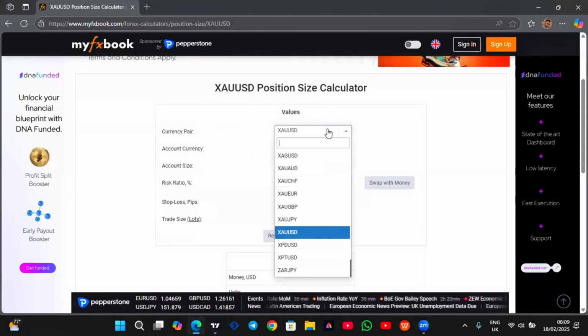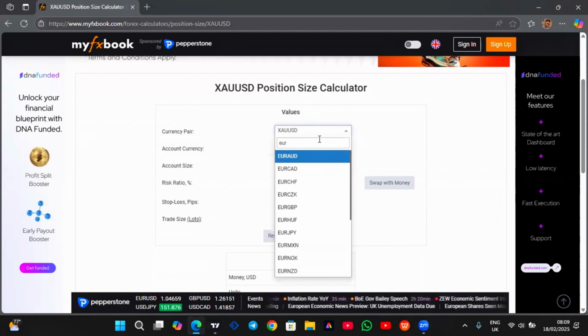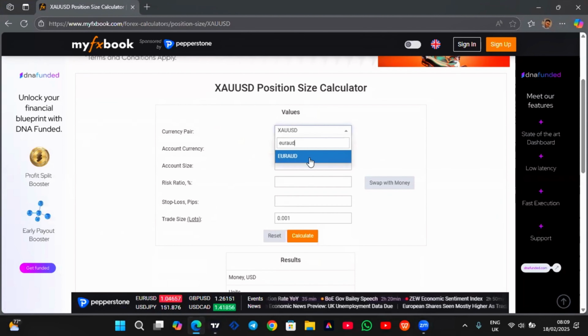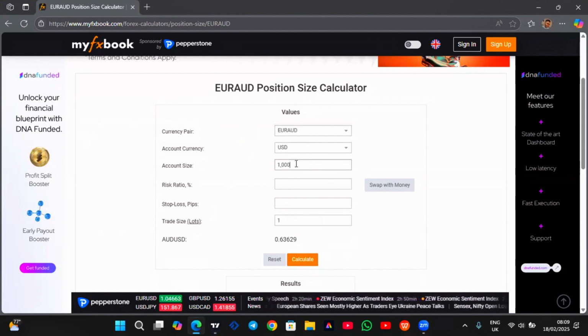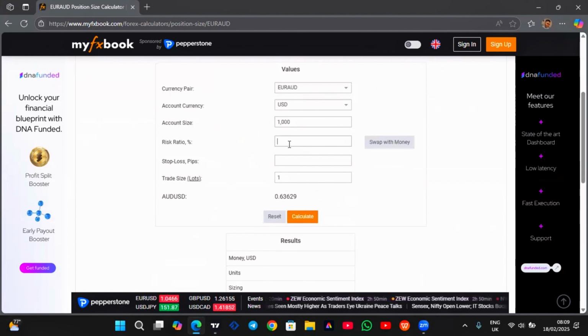The currency I want to trade is Euro AUD, so I just go ahead and type Euro AUD and enter. Then my currency is in USD. Then the account size is $1,000. Remember, we are trading $1,000. We're targeting to make 8% this month. I'm risking just 2% of my account on this trade, which should be $20.